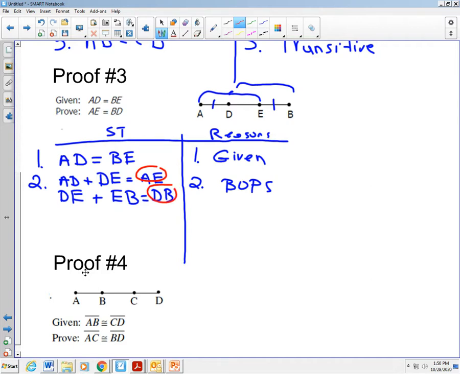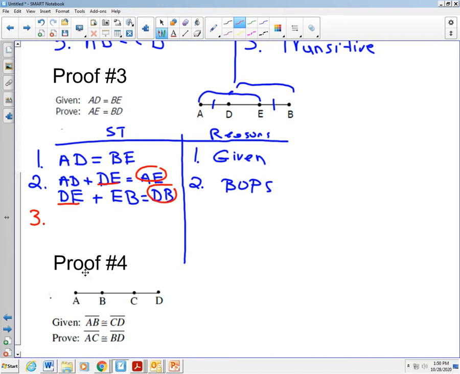So you want to show that whatever is in red is equal to each other. So if I want to show that the right sides are equal, I also have to somehow show that the left sides are equal. So how do I show that the left sides are equal? Okay, look at the left side. AD plus DE. Okay, so this DE and this DE, they're the same.